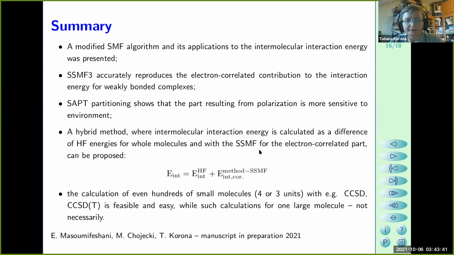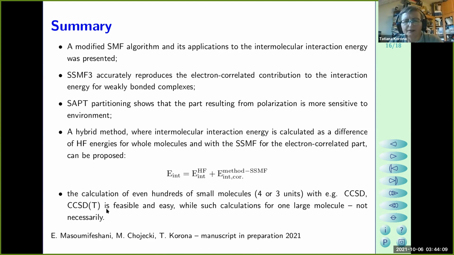And so with such an approach, and this is work in progress, the calculation of this electron correlated part of the interaction energy with methods like CCSD(T) can be feasible and actually quite easy.